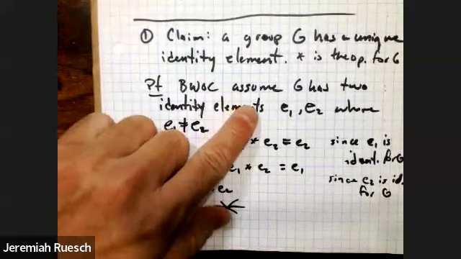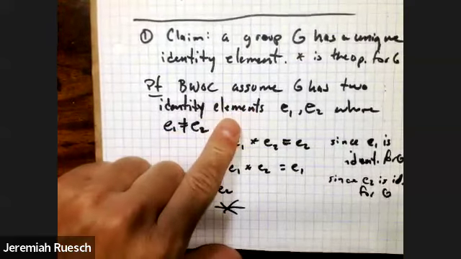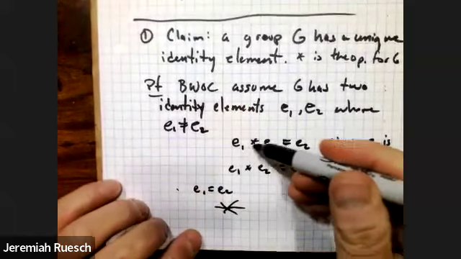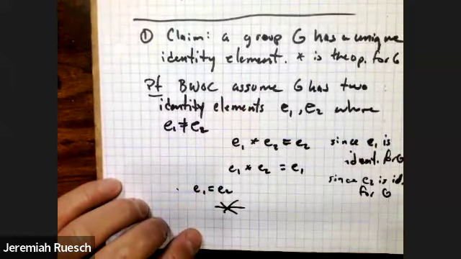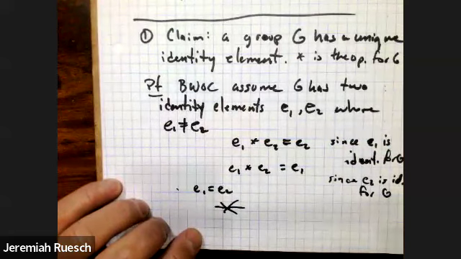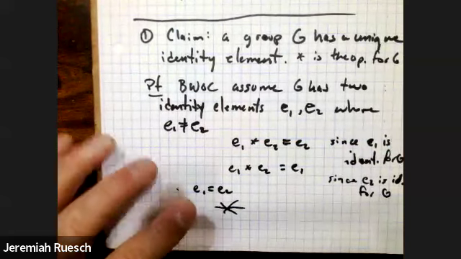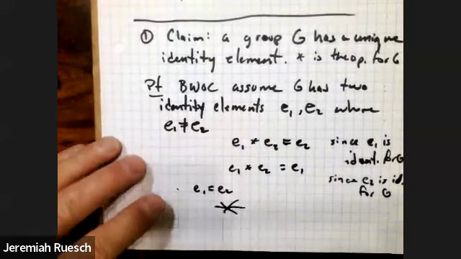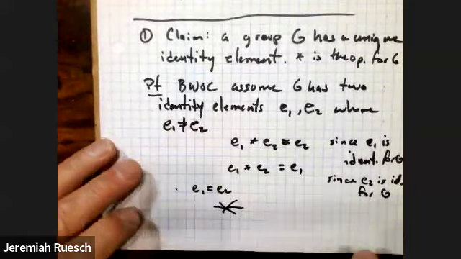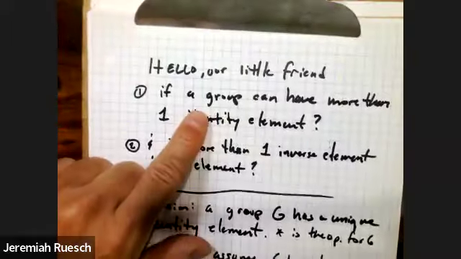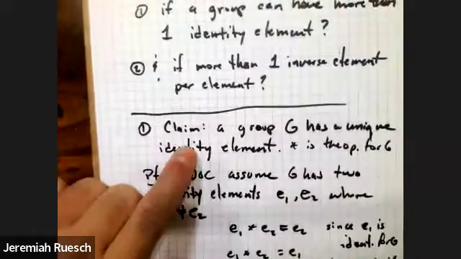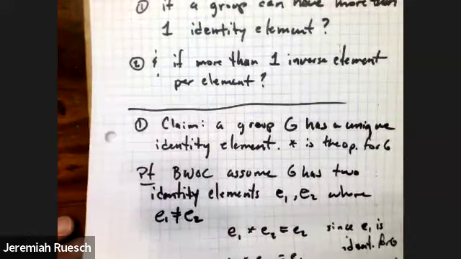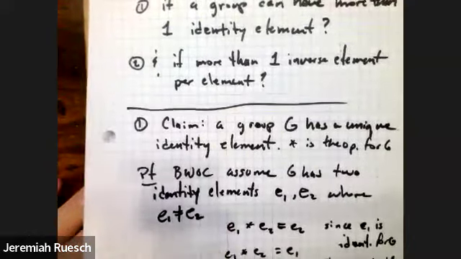We assumed that there were two unique identity elements for G, and then when we act on the two identity elements, we end up with e1 having to equal e2, which is against our assumption. So the answer to our first question is satisfied by our claim that every group G has a unique identity element.